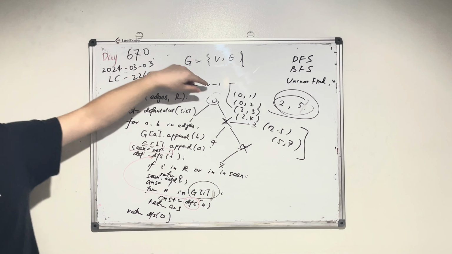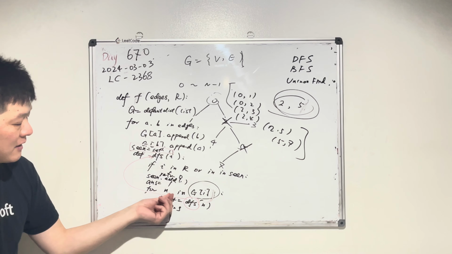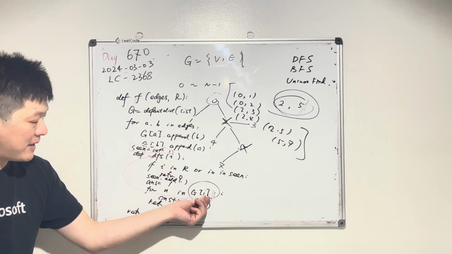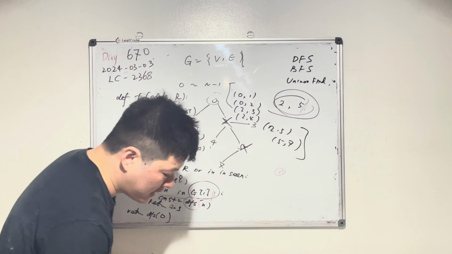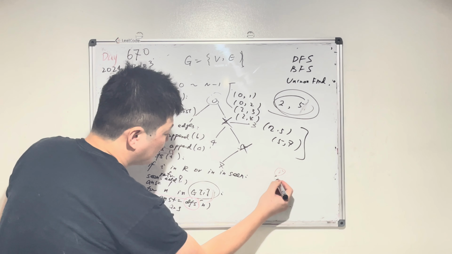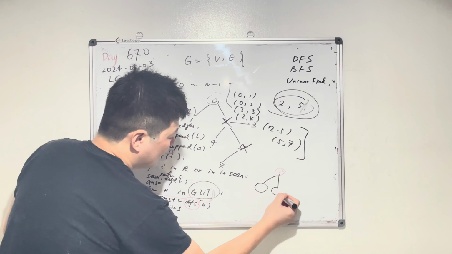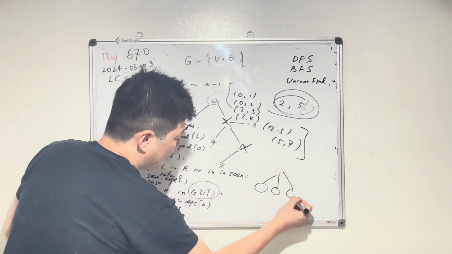And then this G[I] is basically the list of nodes that the vertex I connects to. So basically, we want to find out for vertex I, how many nodes it connects to. For example, if it connects to 1, 2, 3, then G[I] will be a list of 1, 2, 3. This is the adjacent list, right?